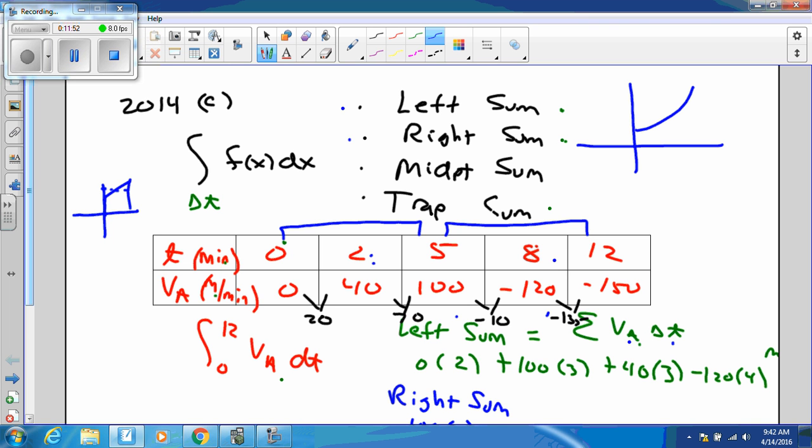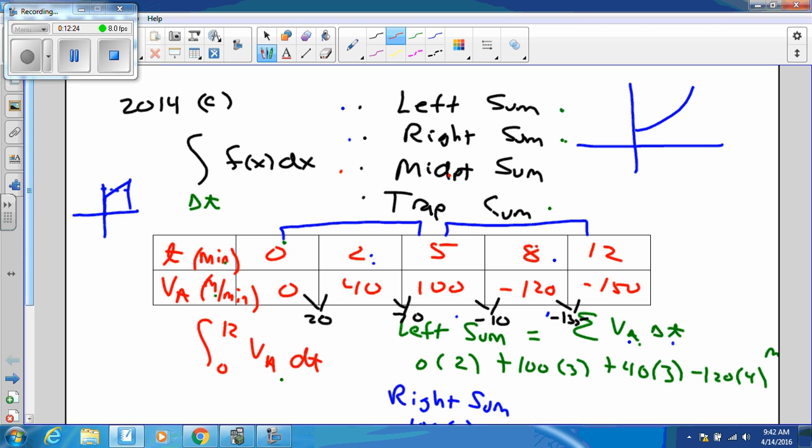And I want to know what is the error when I do a left sum or a right sum or a trapezoidal sum approximation. For the midpoint sum, I'm not going to be able to say anything about the error. Things can be said, but they're too complicated to say. But for the left sum, the right sum, and the trapezoidal sum, I can use a single subinterval here, the entire thing, to help me remember what's going on.